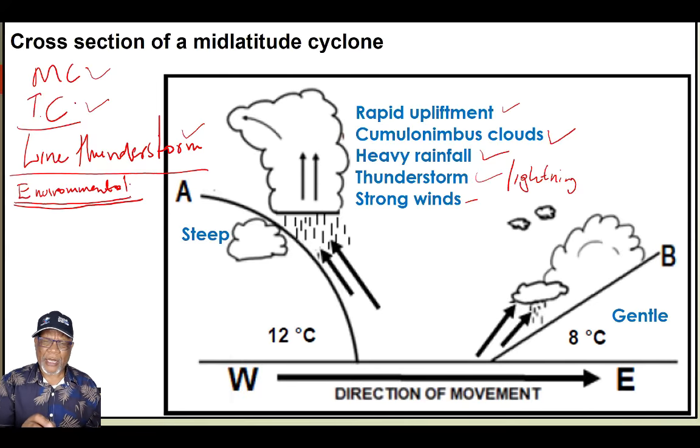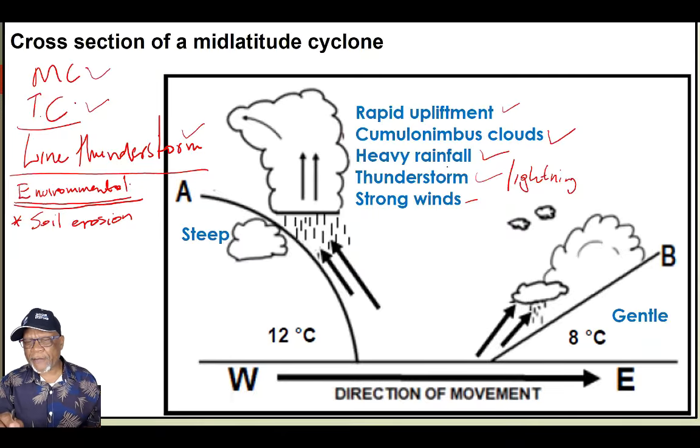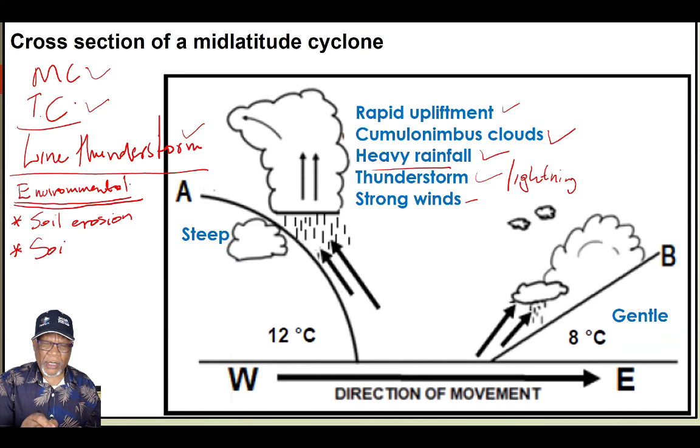So number one, let's look at the environmental impact of mid-latitude cyclone. Number one, it's going to result in soil erosion, because there is heavy rainfall, then there is going to be water that is washing the soil away. And when we have soil erosion, soil loses fertility. And then what else is going to happen?